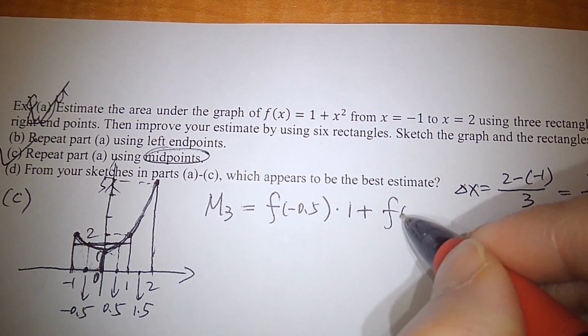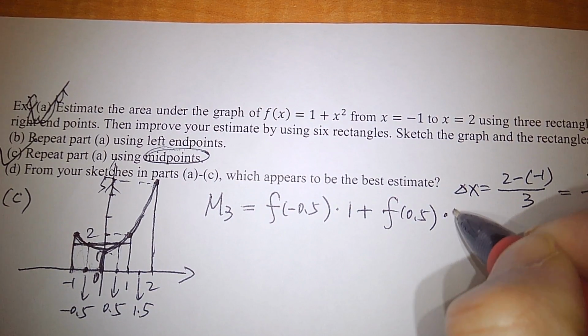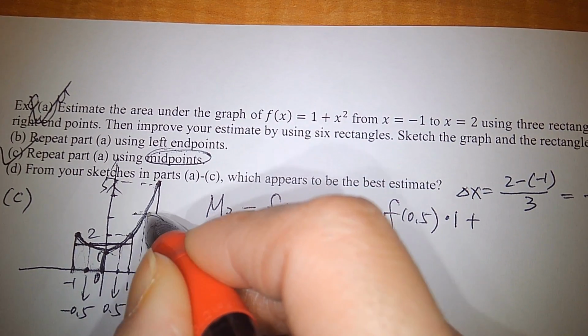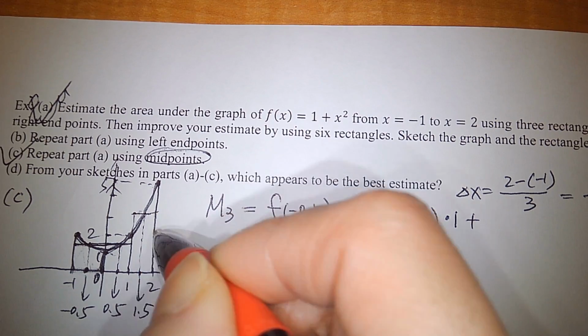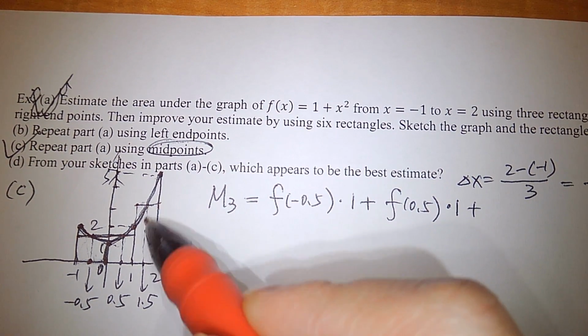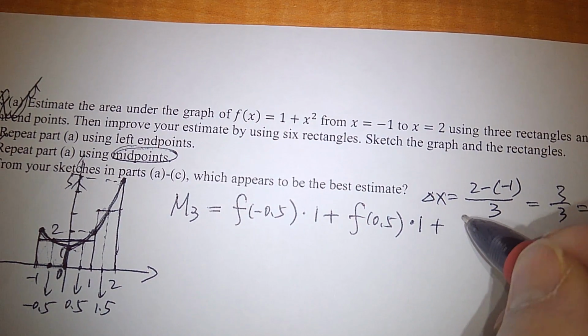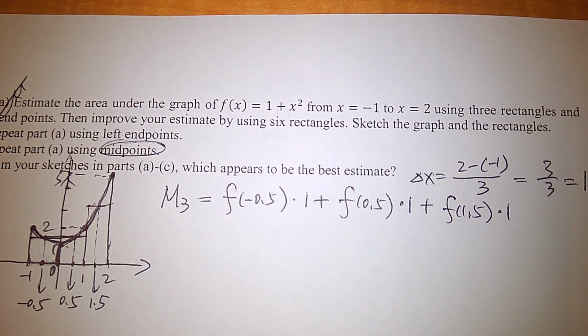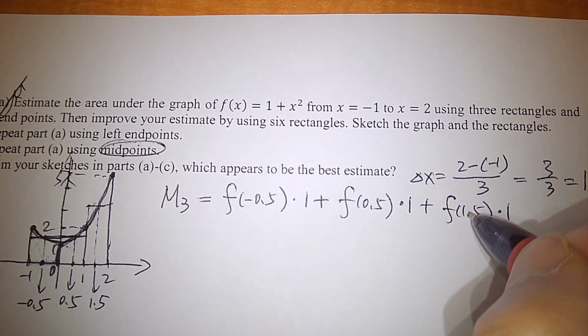So height is f of 0.5 times 1, plus, when you use the midpoint, okay. What is the height here? F of what? 1.5, right? Times 1. Yep.